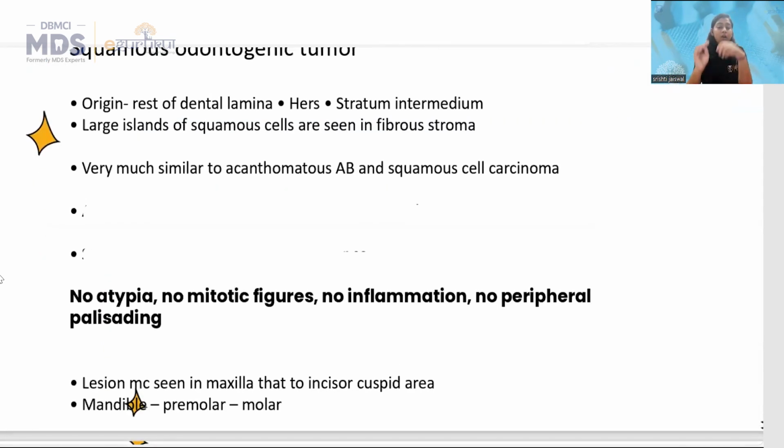Now, because it has individual cell keratinization, it is very much similar to the acanthomatous ameloblastoma and squamous cell carcinoma. Now, as we have discussed, what do we see in acanthomatous ameloblastoma? We see squamous cells, right? Squamous cells are seen.